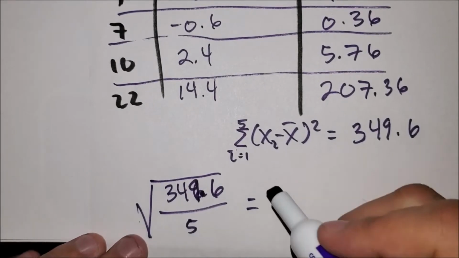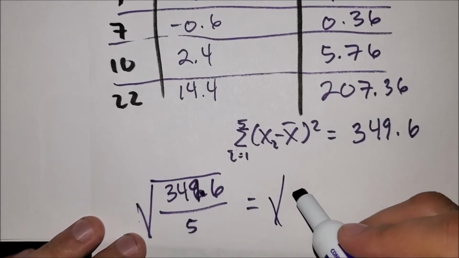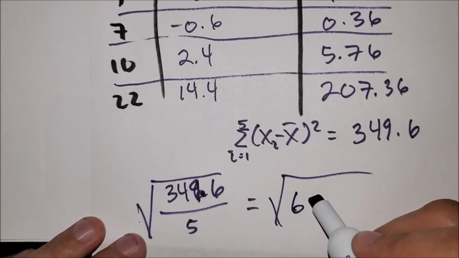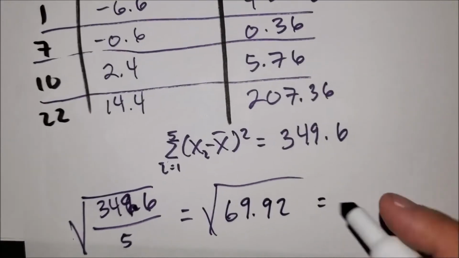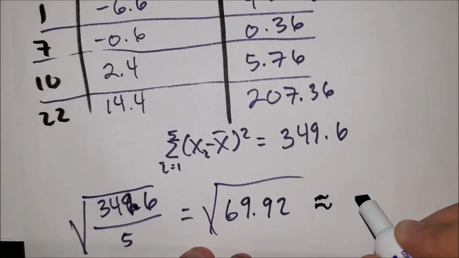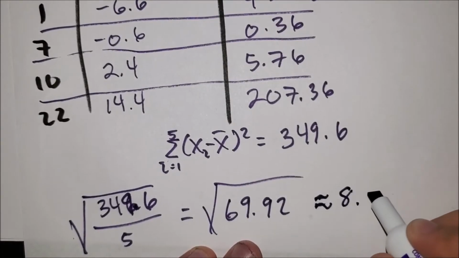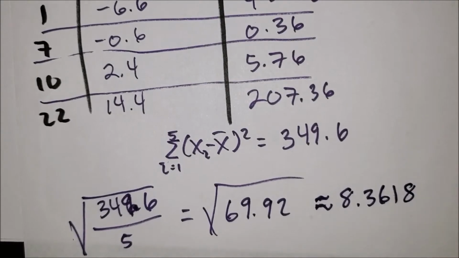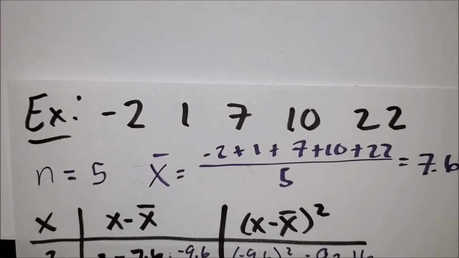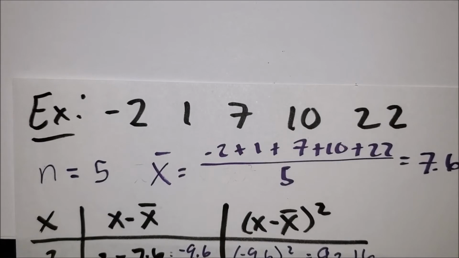When we do this, we get the square root of 69.92, which is approximately 8.3618. And that is our standard deviation for the set of numbers -2, 1, 7, 10, and 22.